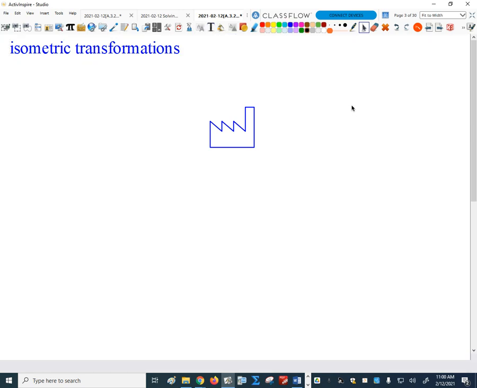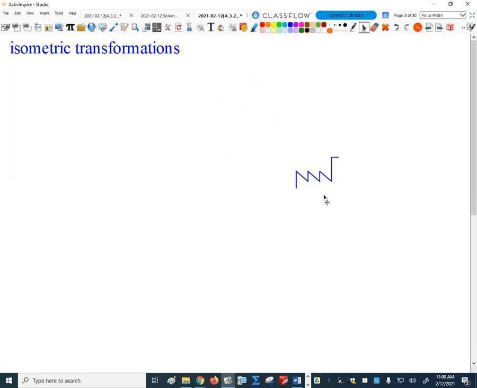There were three kinds of transformations you did in geometry that we called isometric transformations, right? You might remember the word isometric. Isometric meant same measurements, right? So these are the types of transformations that don't change the shape or size of the object.